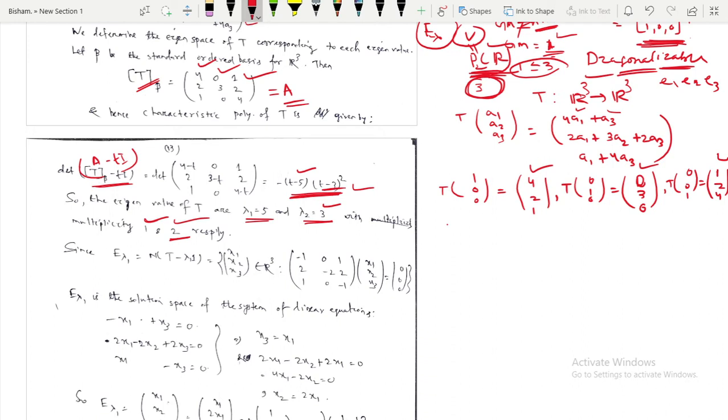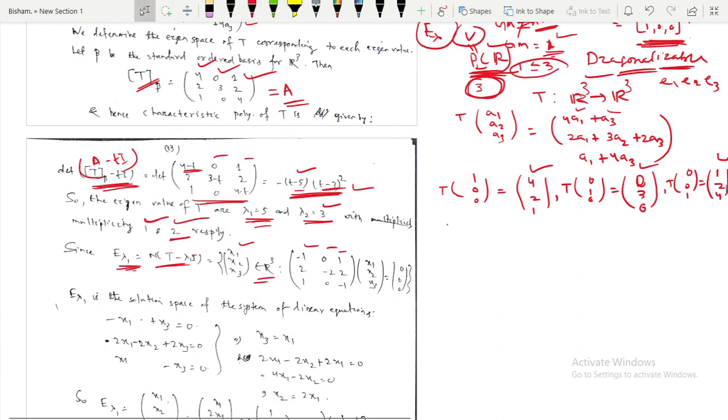Now we find the corresponding eigenspace for lambda 1, which is 5. This is nothing but the null space of T minus lambda 1 I, the vectors (x1, x2, x3) belonging to R3 such that (T minus lambda I) x equals 0. In place of t we put 5, so 4 minus 5 is minus 1, then 0, 1.